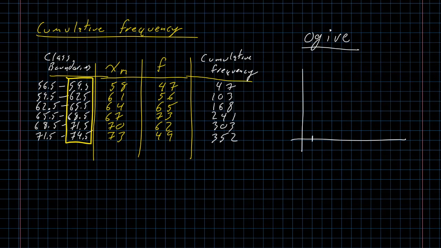In an ogive, our data across the bottom is going to be the upper bounds. Instead of the midpoints or the entire boundaries, we're only looking at the upper bound.